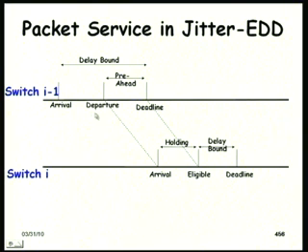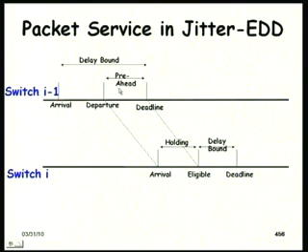Now, as a packet arrives at a switch, it is taken up for departure, but it could have been transmitted later. The maximum deadline allotted for this switch was this point, but it was transmitted here.